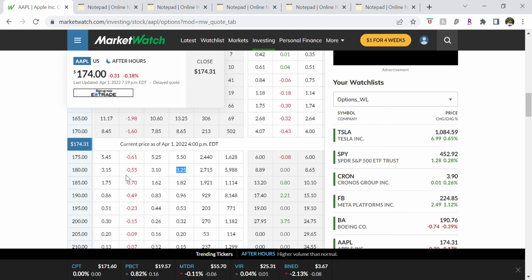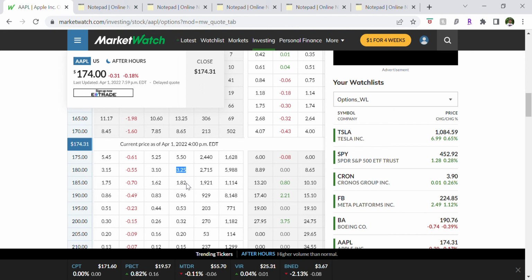If Tesla rises, again and again I'm using the Tesla word. If Apple rises, my bad, both these call options will rise. If Apple rises by say $5, because of its delta value, this might go to some 5.5, and this one might become 3.5.